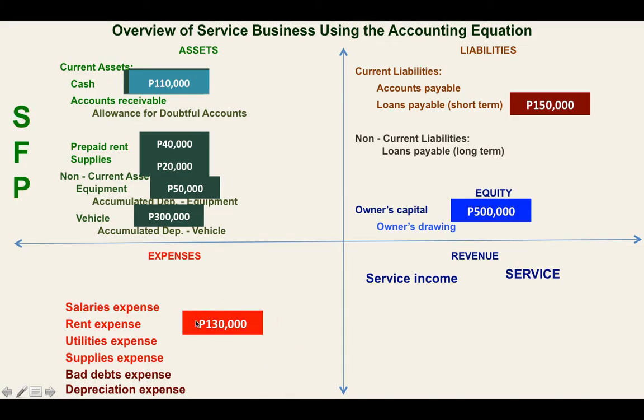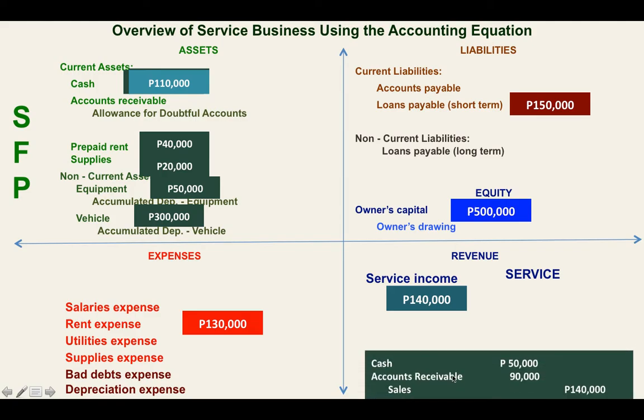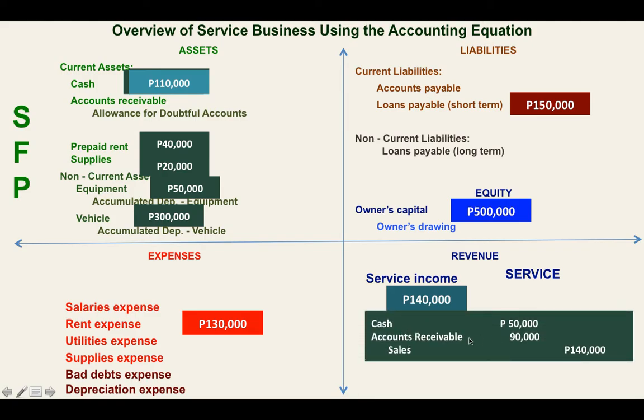So if we have expended 130,000 to generate service income, and assuming that our service income is 140,000, we were able to get this from our customers: cash of 50,000, and our customer made a promise to pay 90,000 after a certain number of days. This will be our sales, 140,000.